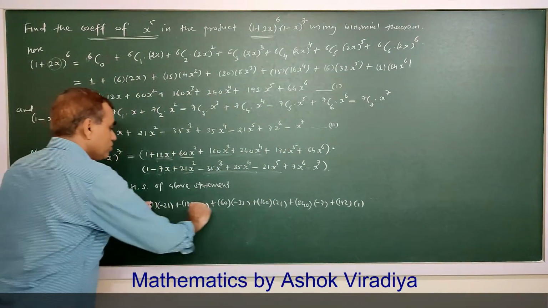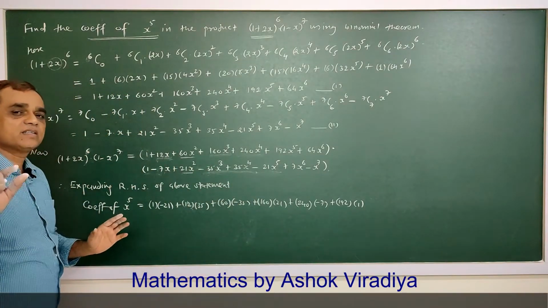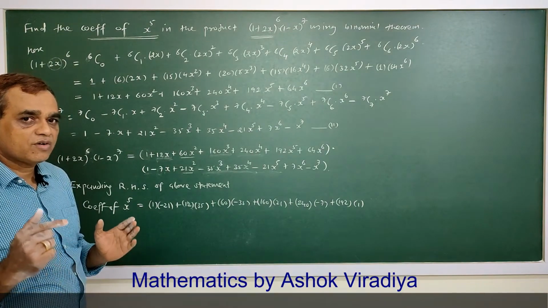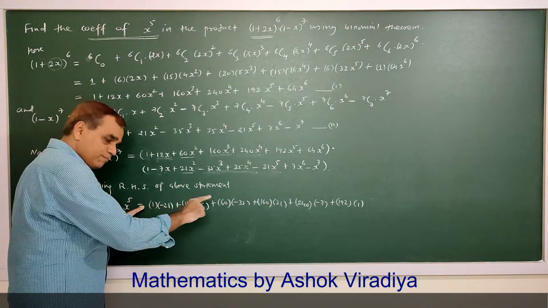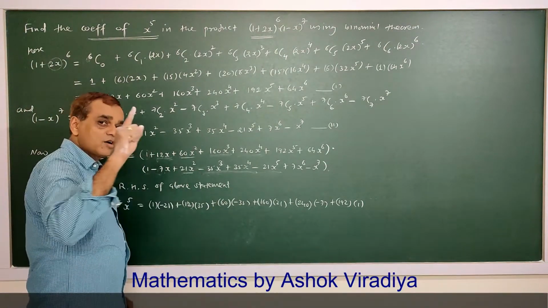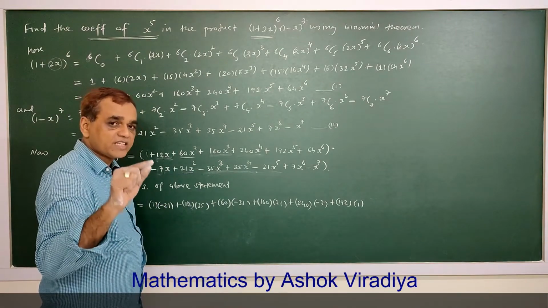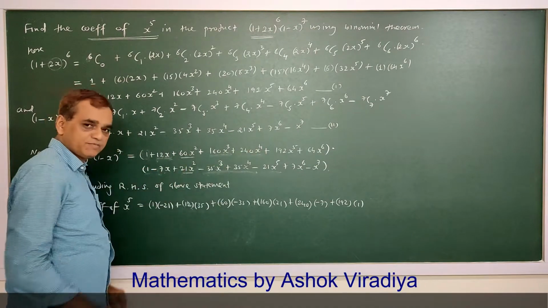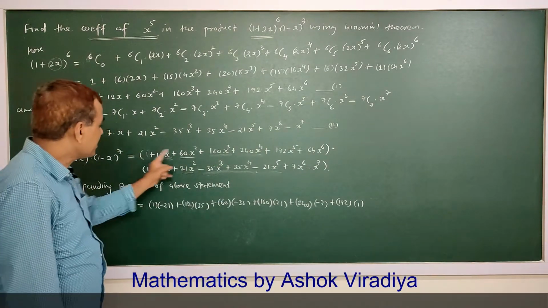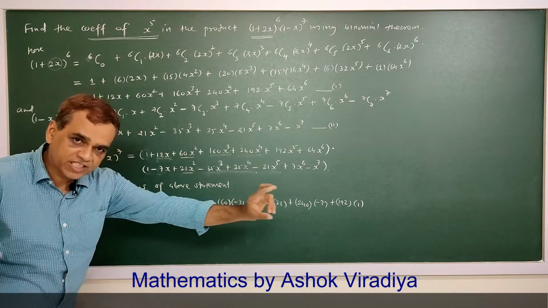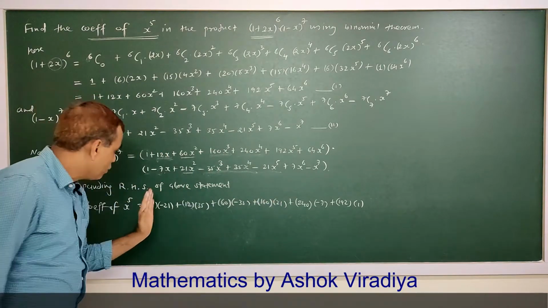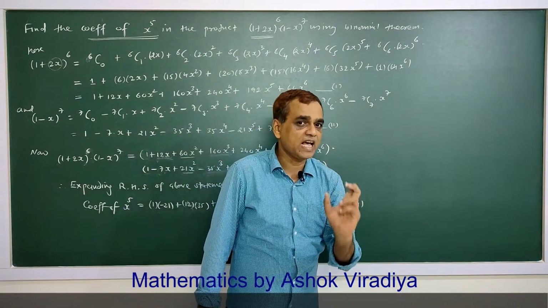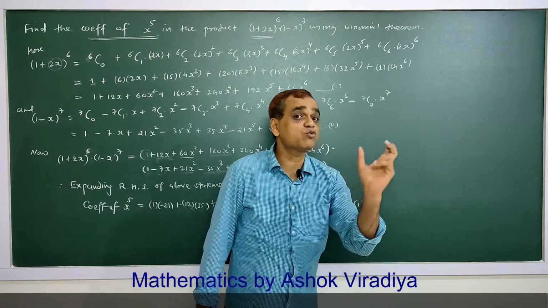So that means this is the sum of coefficients of x raised to 5 in these 56 terms. When we expand these two brackets into 56 terms, there are 1, 2, 3, 4, 5, 6 terms having x raised to 5.